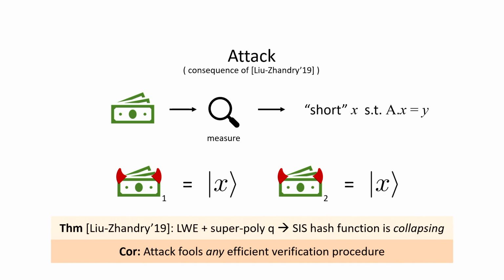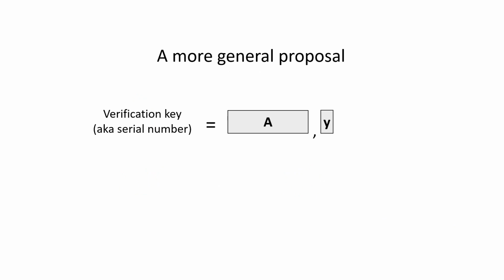The problem here is that distinguishing these pretend banknotes from the valid banknote requires solving the LWE problem, which is thought to be hard for quantum computers. One way you might think to fix this is to make the LWE problem easier.